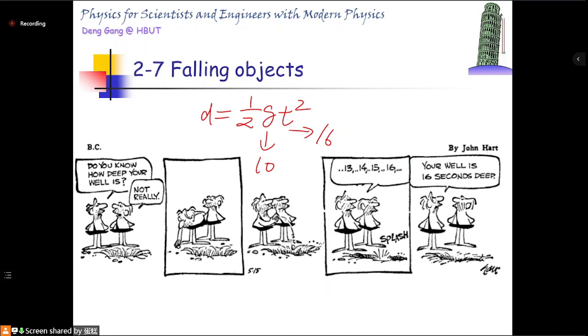Estimate it: only 10 seconds, 10 seconds squared is 100, and g is 10, so half times 10 times 100 means 500 meters. That's deep. Even only 10 seconds, and 16 seconds is much greater. So you will not want to get into that well.